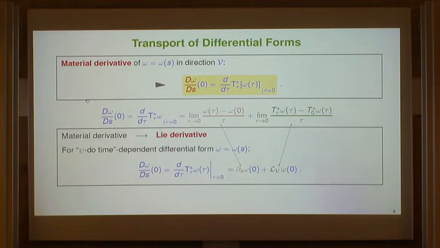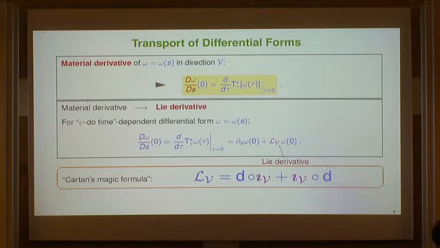And this is now a new and very important operator in exterior calculus, because this differentiation of the pullback gives us the so-called Lie derivative. So we have written the material derivative as a derivative of the form plus the derivative of the transport, which is the Lie derivative.